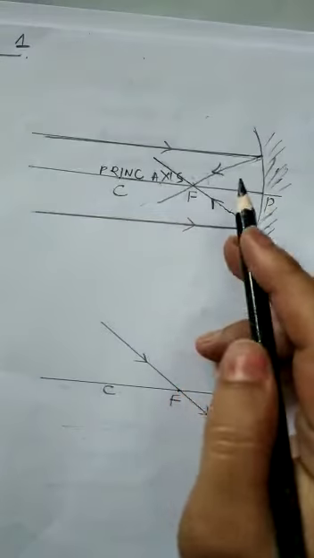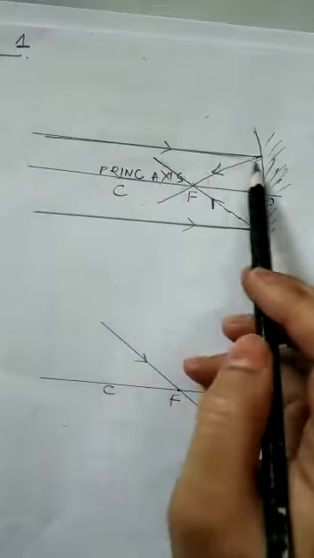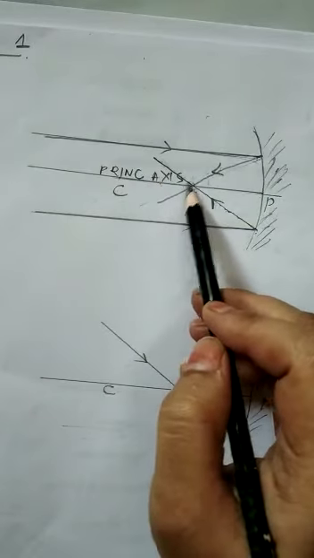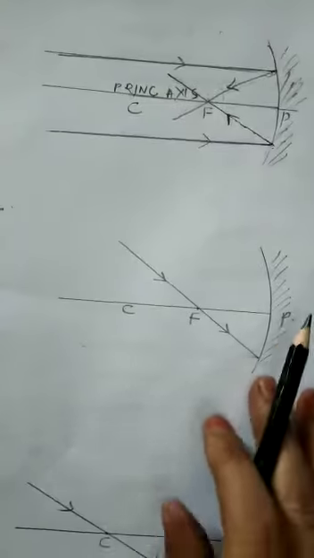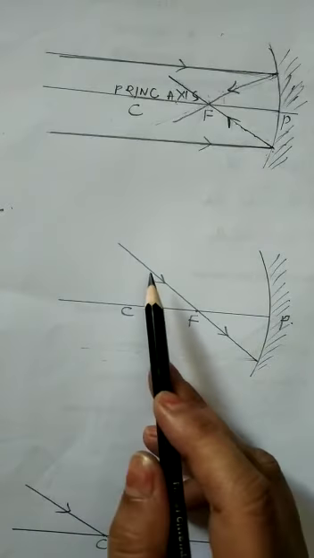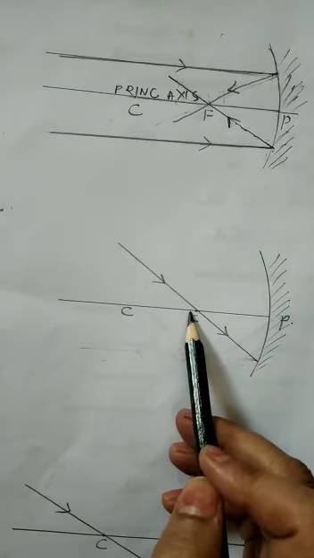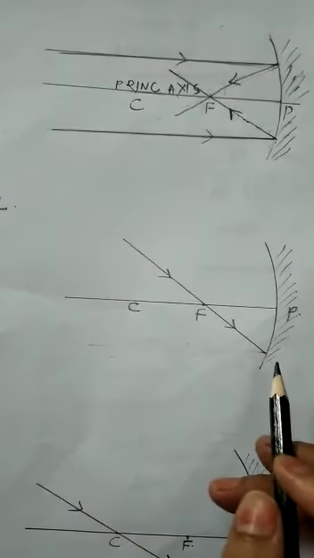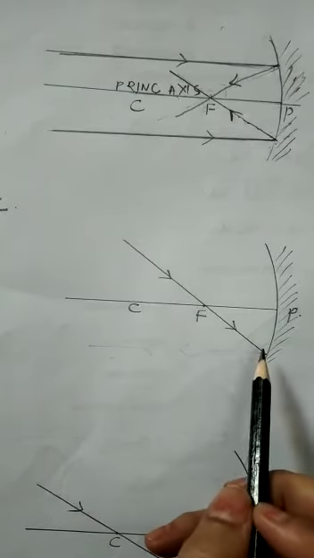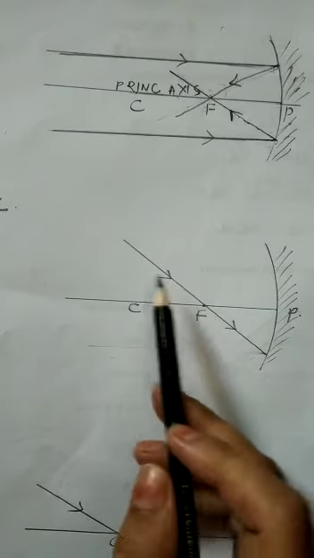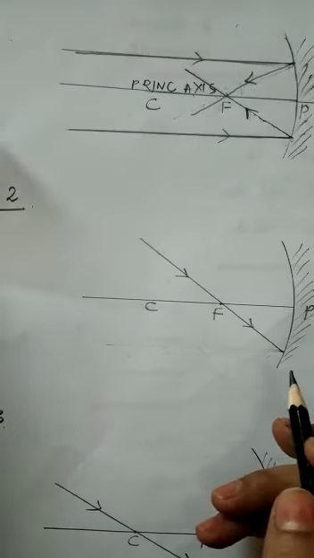So the first rule is always, remember this, that whenever the incident rays of light parallel to principal axis falls on the reflecting surface, it will pass through focus. The second rule, any incident ray of light which passes through capital F, focus. Okay, it is vice versa of the first rule. Any incident ray of light which is passing through the capital F point, that is through the focus, it will strike the reflecting surface and it will go where?